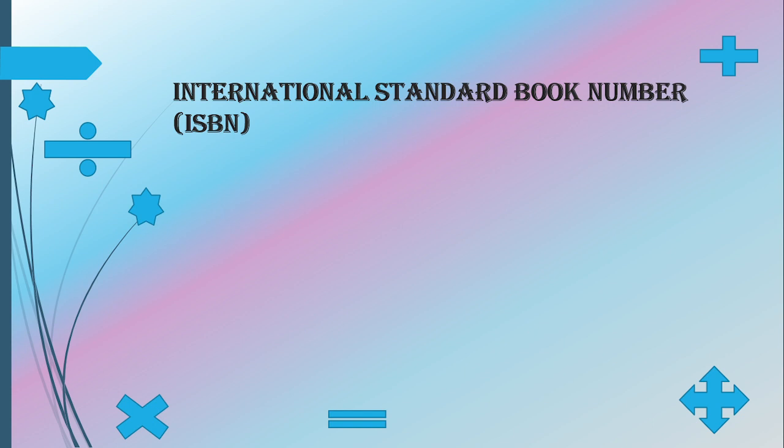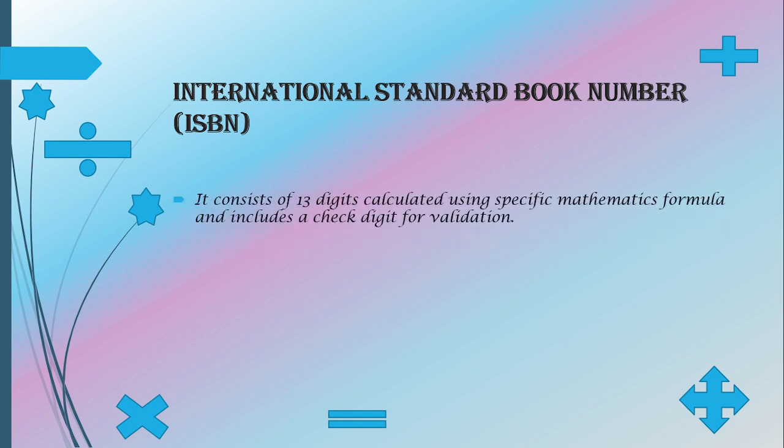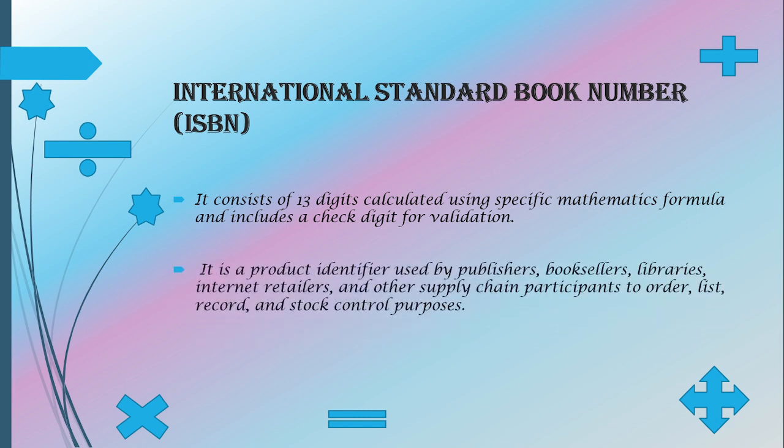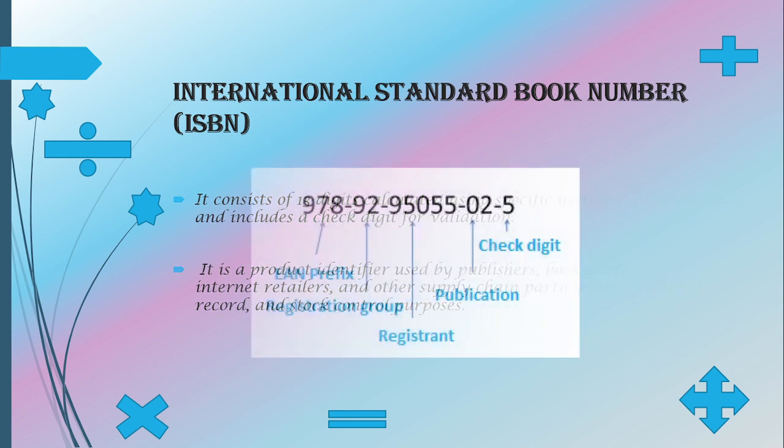Next is the International Standard Book Number or the ISBN. It consists of 13 digits calculated using a specific mathematical formula and includes a check digit for validation. It is also a product identifier used by publishers, booksellers, libraries, internet retailers, and other supply chain participants for ordering, listing, recording, and stock control purposes.